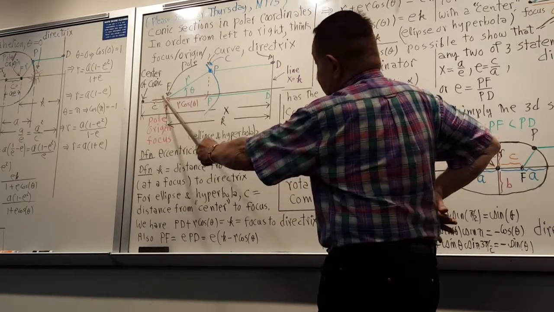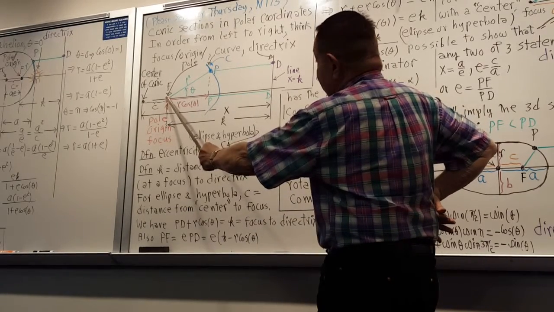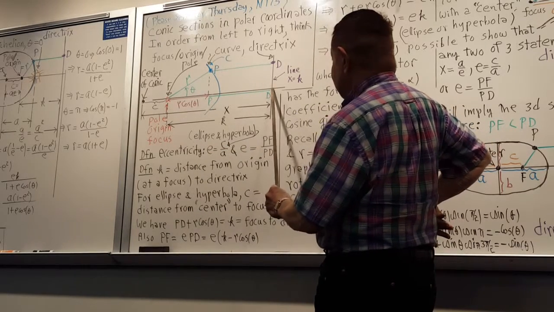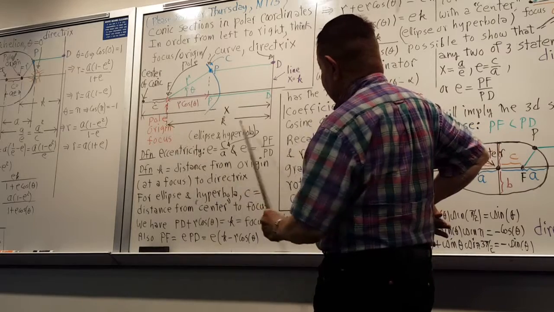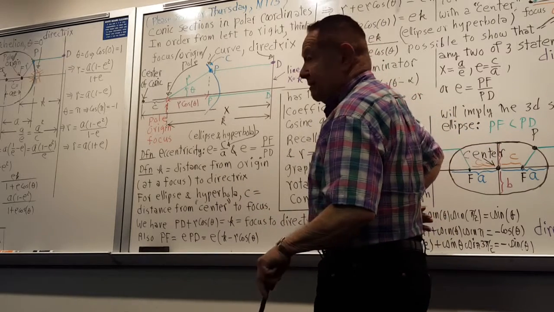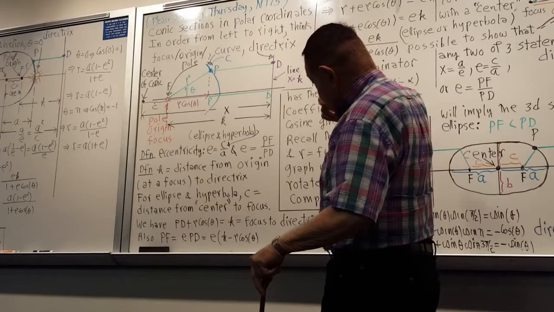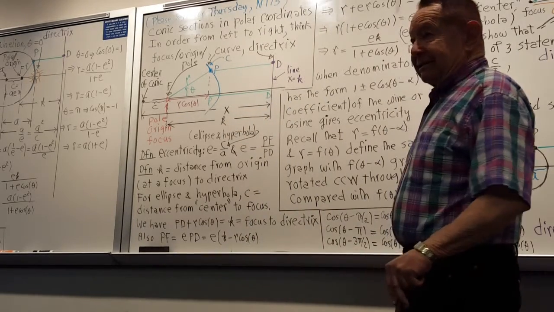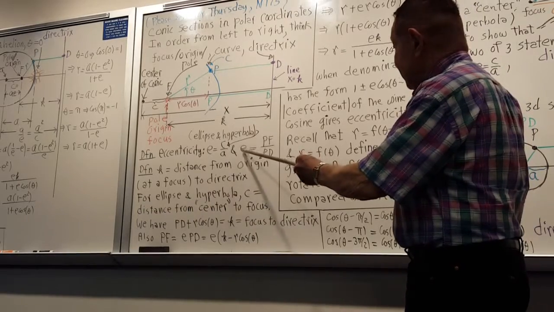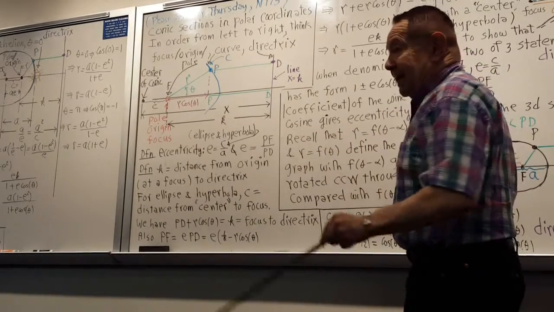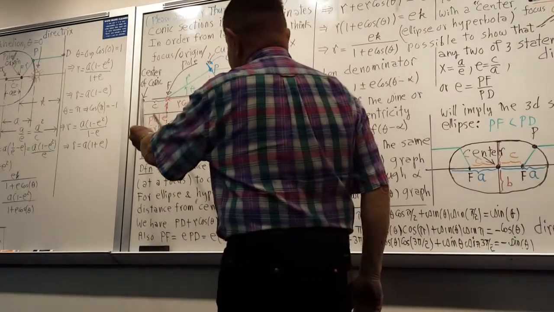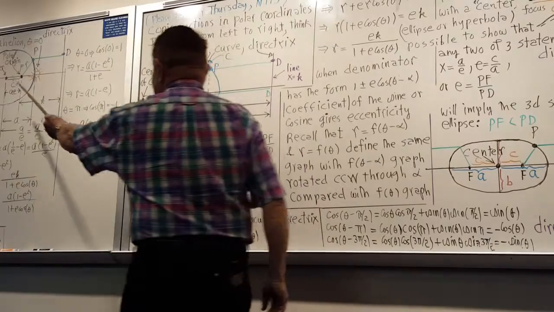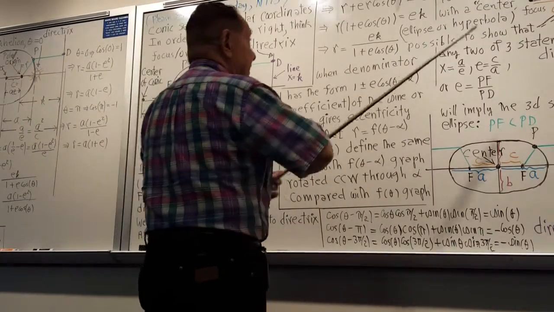The distance from the pole, which is also the origin, over to the directrix is what I call K. We'll see later on today how you can relate K to what is called the eccentricity, E, and to the A, as we usually use it in either the ellipse or the hyperbola.